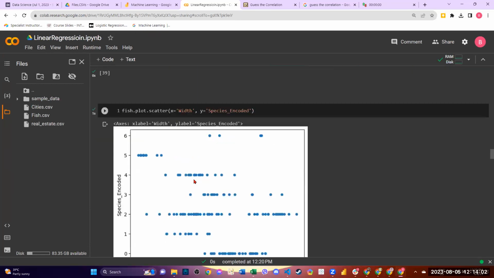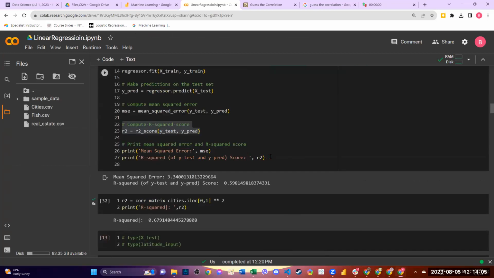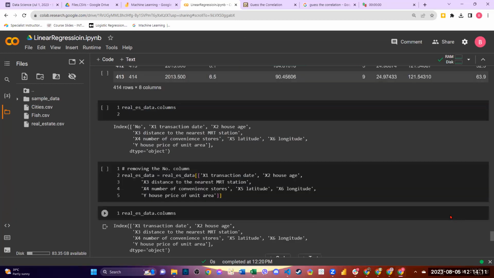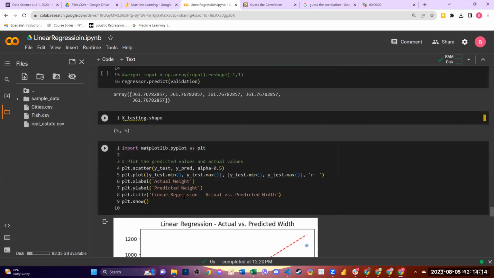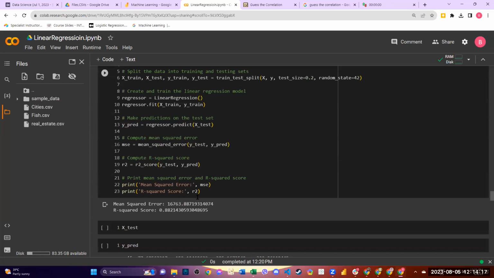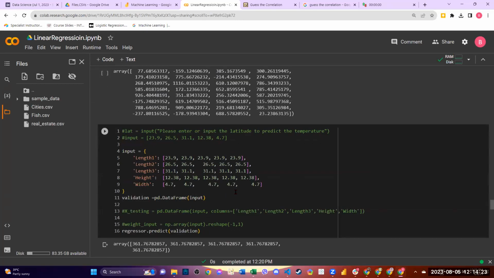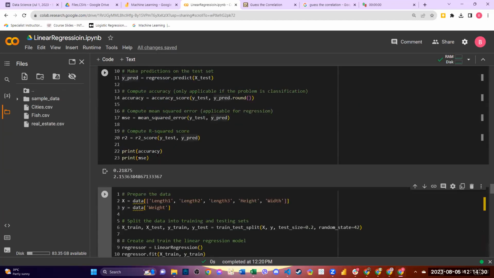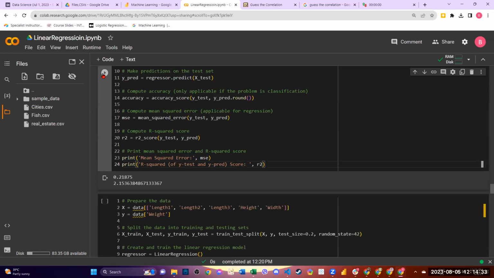So let's just copy the code above. So it's 49. All right.